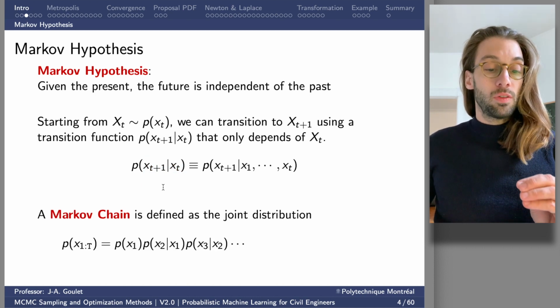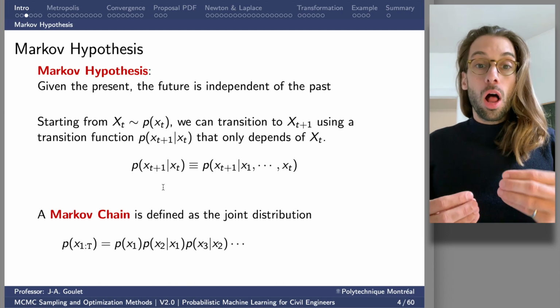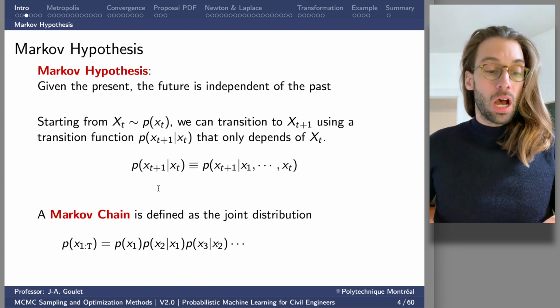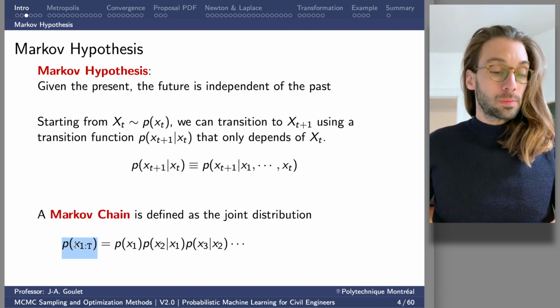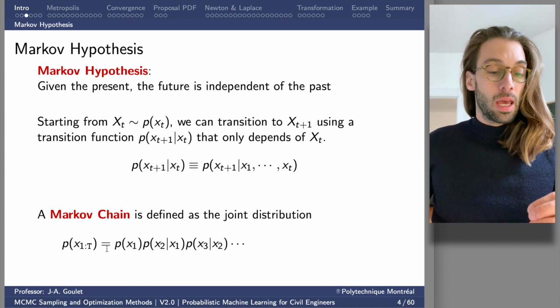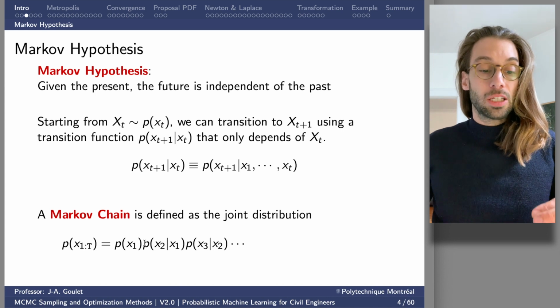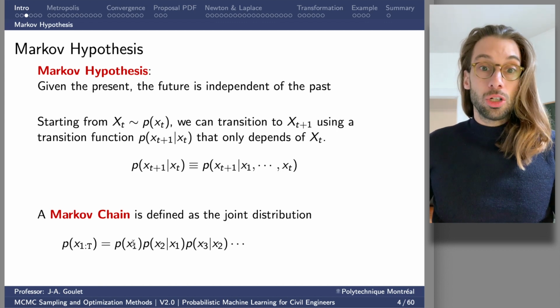So here, a Markov chain is defined as the joint distribution for all the positions I would have visited over time. My joint probability for all the positions I have visited from x1 up to x t is given by the product of the probability of x1 times the probability of x2 given x1 times the probability of x3 given x2, where you see that we build our joint by the product of a marginal and conditionals, but each of those conditionals only depends on one variable.